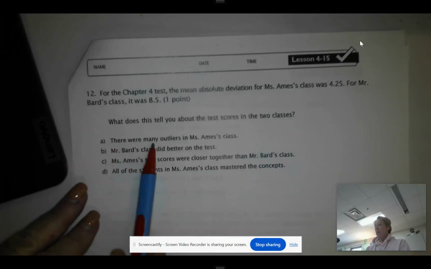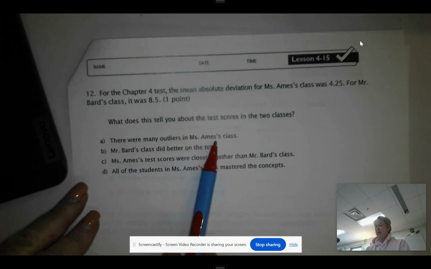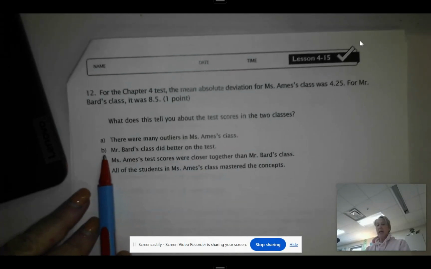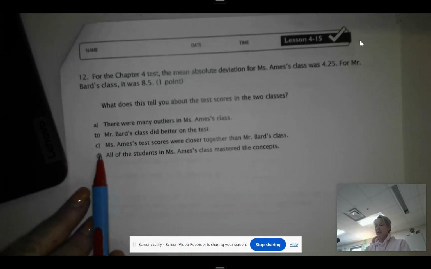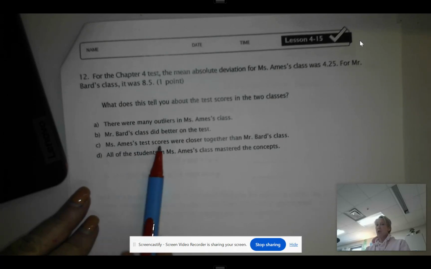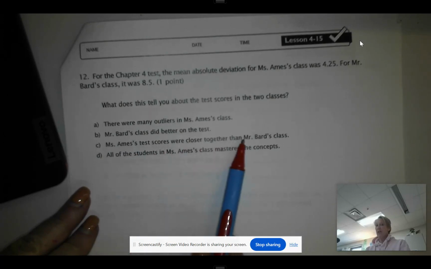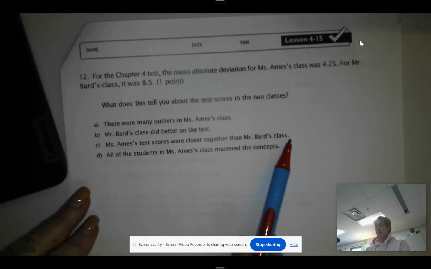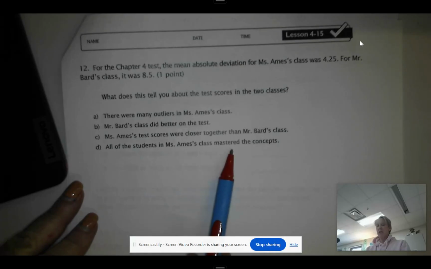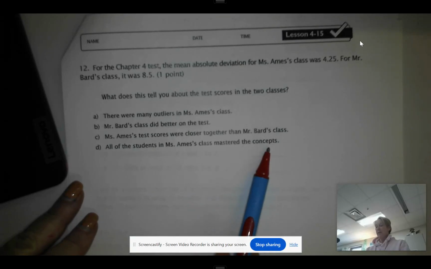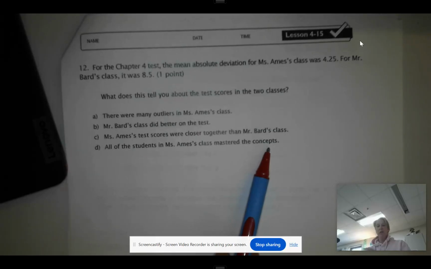A, there were many outliers in Miss Ames' class. B, Mr. Bard's class did better on the test. C, Miss Ames' test scores were closer together than Mr. Bard's class. And D, all the students in Miss Ames' class mastered the concepts. You are now done with the Unit 4 test.